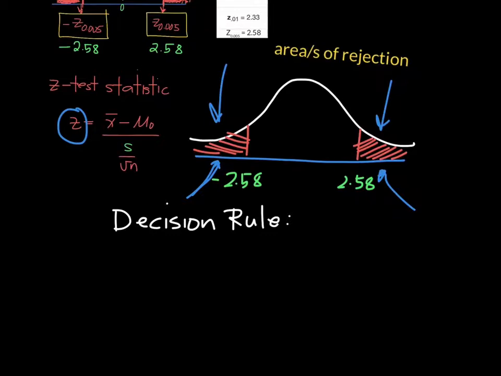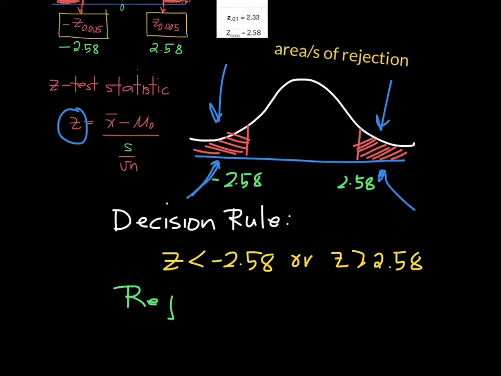To state that: if z is less than negative 2.58, or if z is higher than 2.58, then the decision, that is why it's called the decision rule, is to reject the null hypothesis, reject H0.